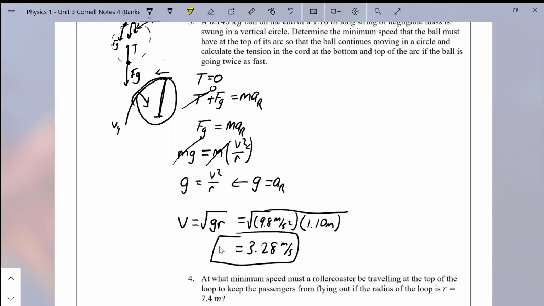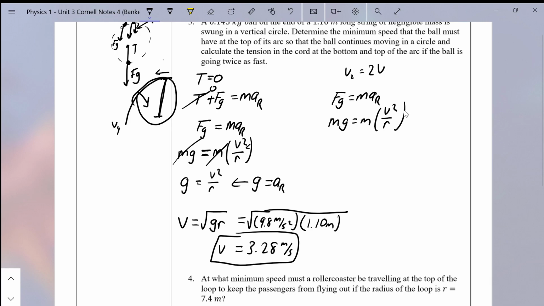That's the velocity at the top of the motion. And then if we say that v2 is equal to 2 times v, then our equation that we had before, which was Fg is equal to m a sub r, or mg is equal to m times v squared over r. This is where we just replaced Fg with mass times gravity, and we've replaced a sub r with v squared over r.